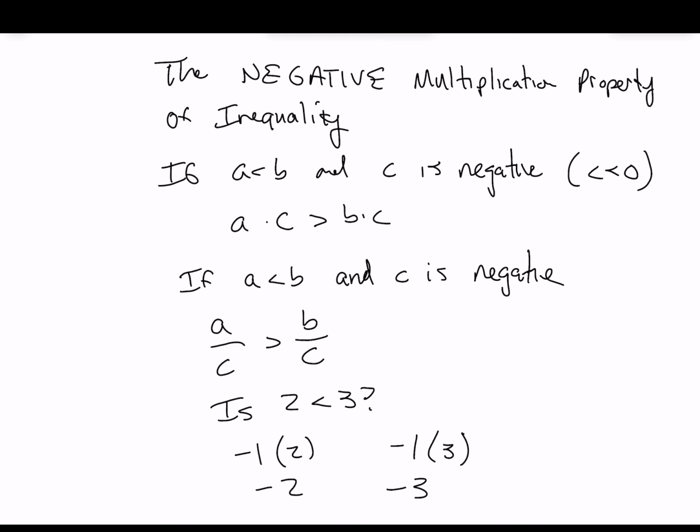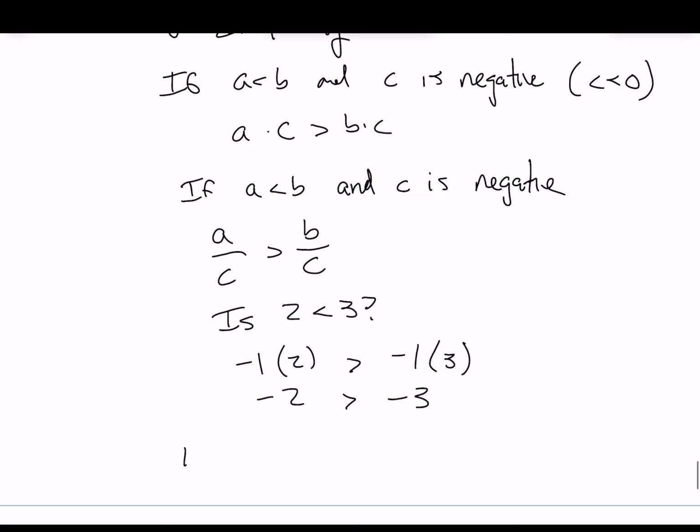So what is the relationship between negative 2 and negative 3? Well, negative 2 is greater than negative 3. So that inequality symbol flips. The same is true for less than or equal to, greater than, and greater than or equal to. Let's try some examples.